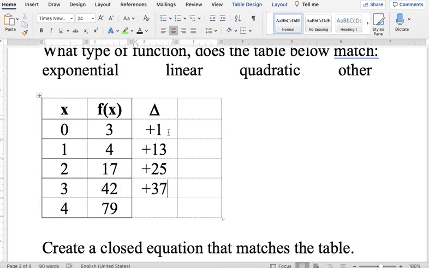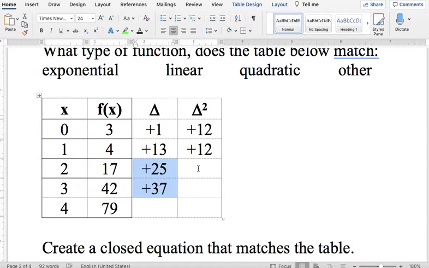Okay, so they're not exactly the same number, but you might notice that if you created a second difference column, the difference of your difference column, to go from 1 to 13, that's plus 12. 13 to 25 is also plus 12.